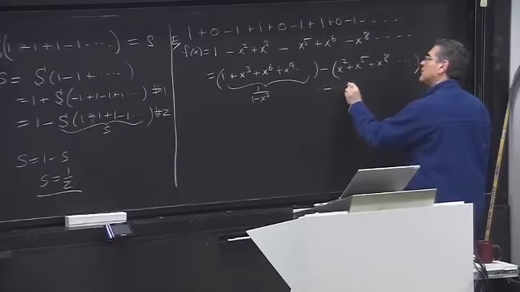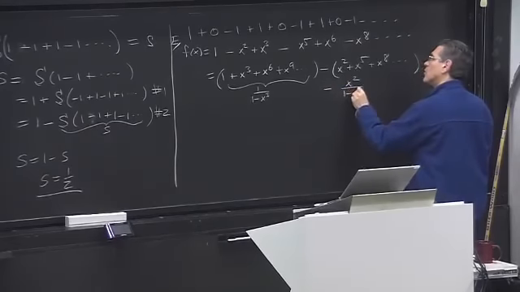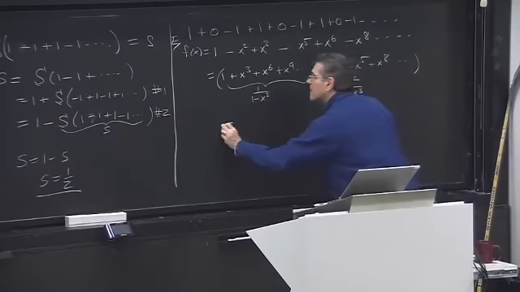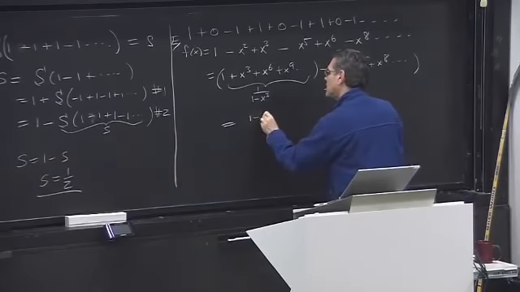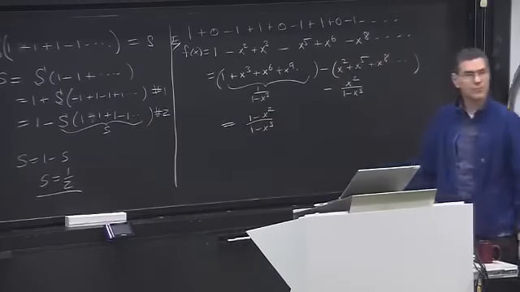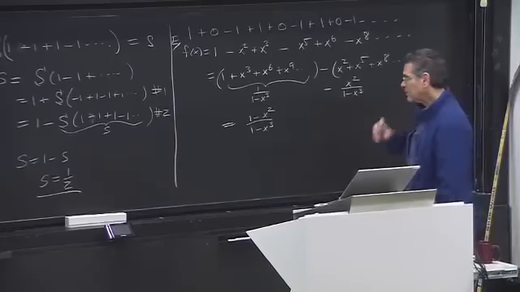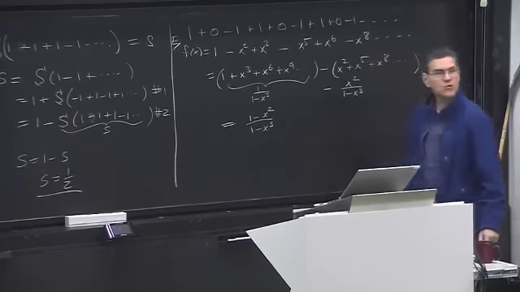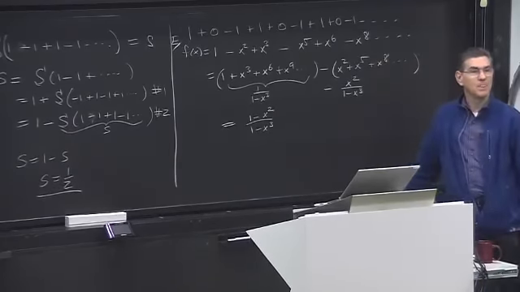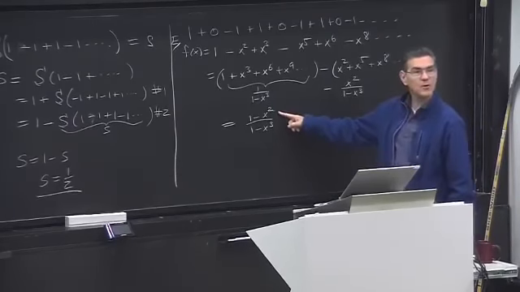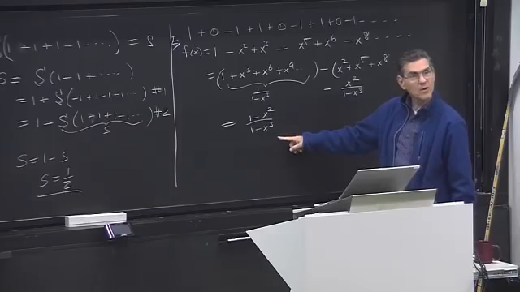So I get minus x squared over 1 minus x cubed. So this is equal to 1 minus x squared over 1 minus x cubed. Right? And Mr. Euler says we have to take the limit as x approaches 1. But in that limit, the top is 0 and the bottom is 0.